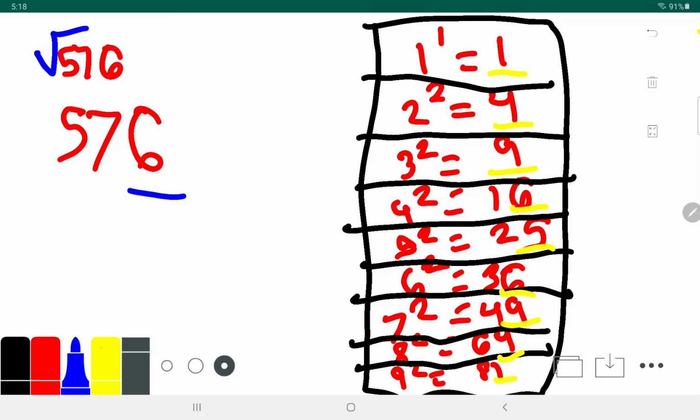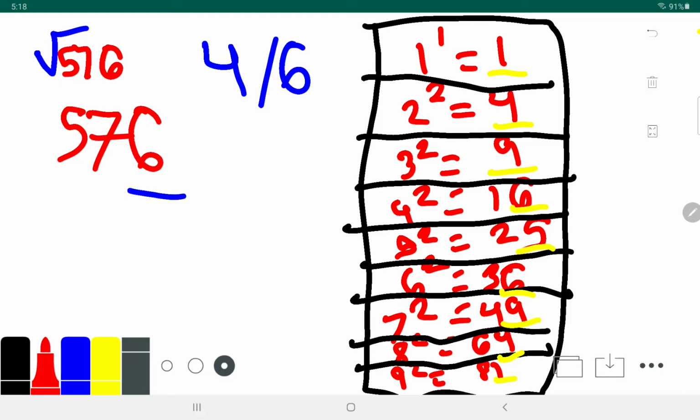You're gonna see 4 because it's 16, and 6 because it's 36. So we know the last digit is going to be a 4 or a 6.